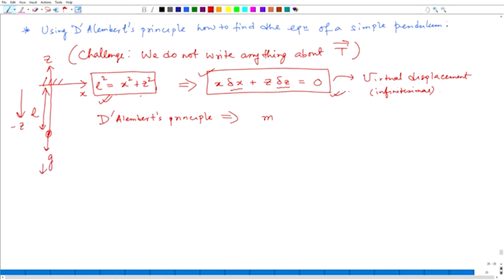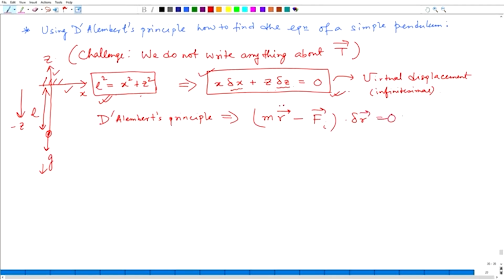I can do the component analysis along the x direction and z direction. D'Alembert's principle simply says that m r double dot minus f I dot delta r is equal to 0.